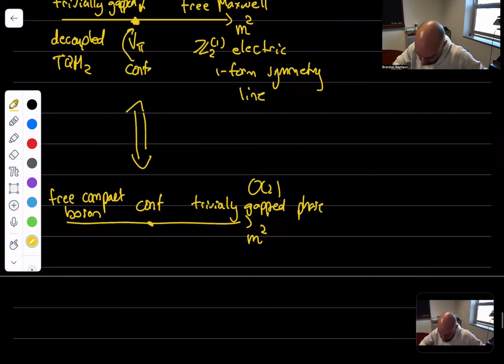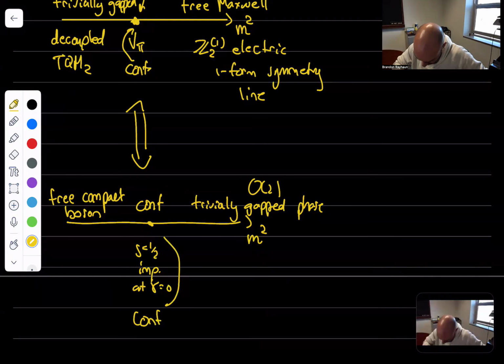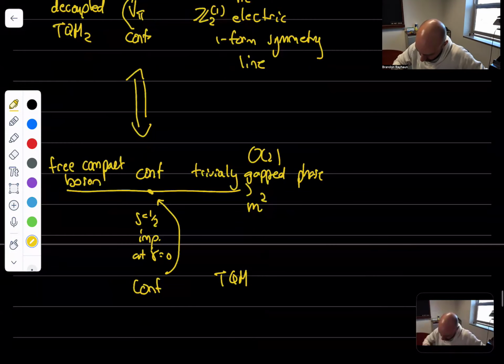And you can track what happens to this spin 1/2 impurity at gamma equals 0 as you tune this bulk mass. So again, we know that it's conformal at the fixed point. And you can show again that in the trivially gapped phase, it just simply decouples, more or less because it has no option but to.